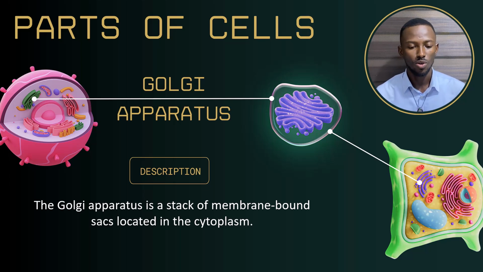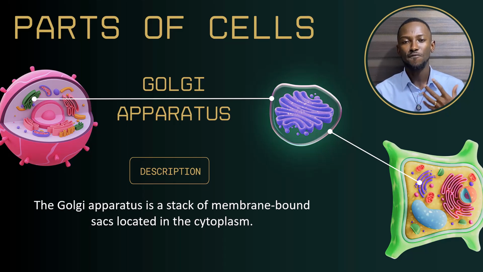Golgi apparatus. Description. A Golgi apparatus is a stack of membrane-bound sacs located in the cytoplasm. So the Golgi apparatus or Golgi body also has a membrane around it.